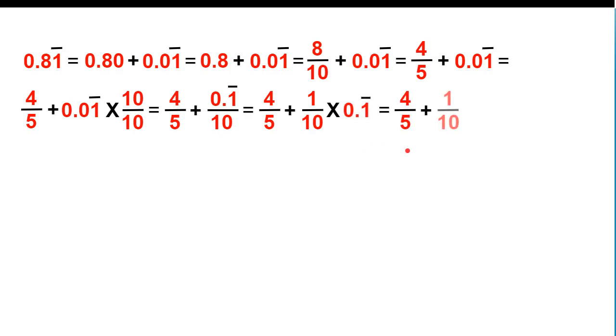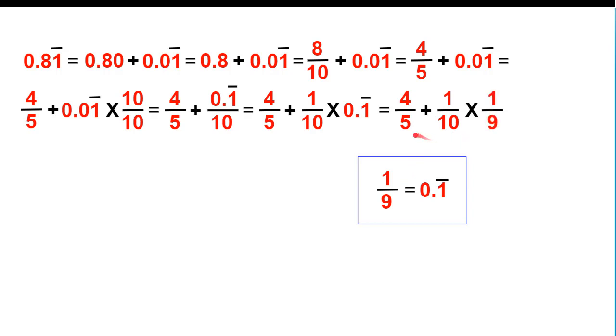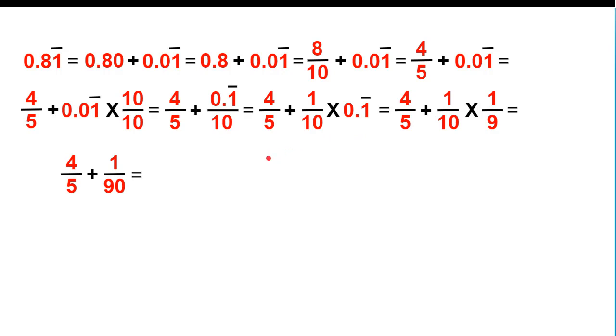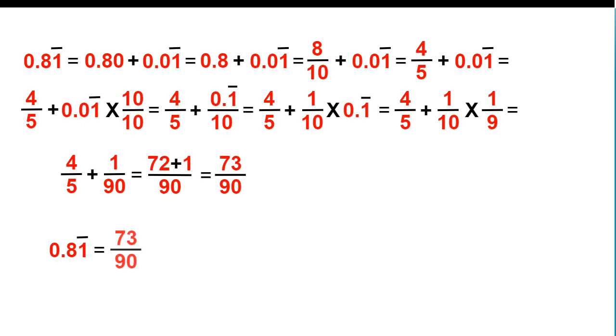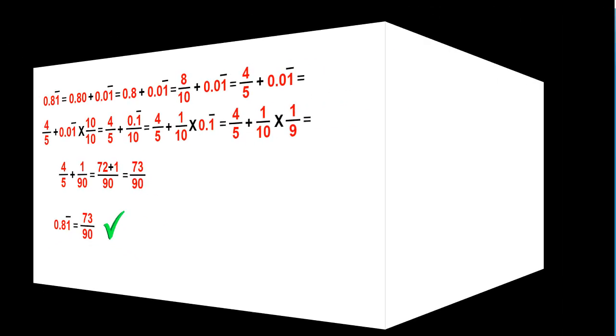We already know that 0.1 recurring is actually 1 over 9. This is very easy to solve. It becomes 73 over 90. It cannot be simplified further. So 0.81, where the 1 is recurring, equals 73 over 90.